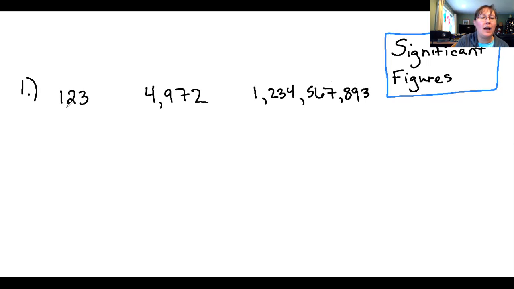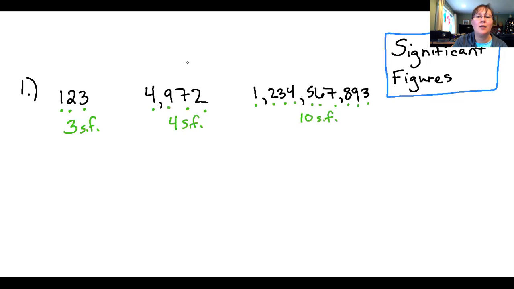So this one will have 3 significant figures. This one will have 4 significant figures. This one will have 10 significant figures.